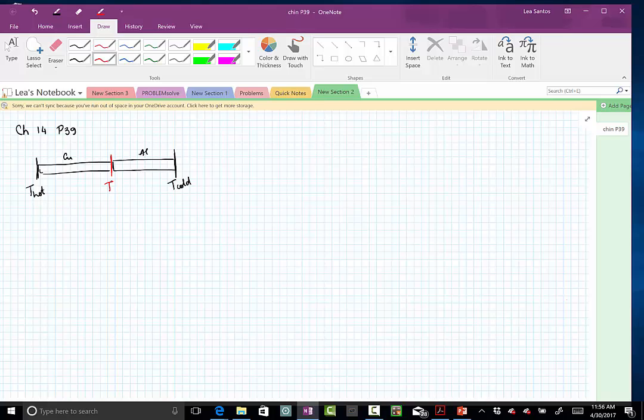You see there is heat flowing from the hot to the cold, and here it is by conduction. To find this temperature in the middle, I'm going to go back to the equations we had for heat conduction.